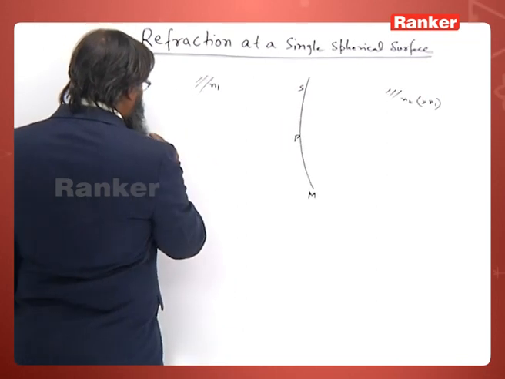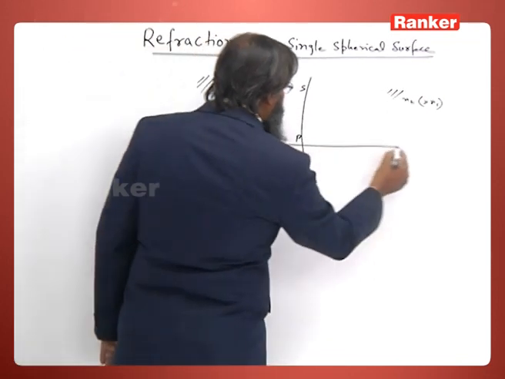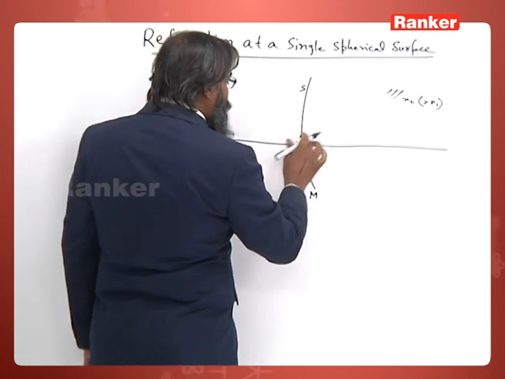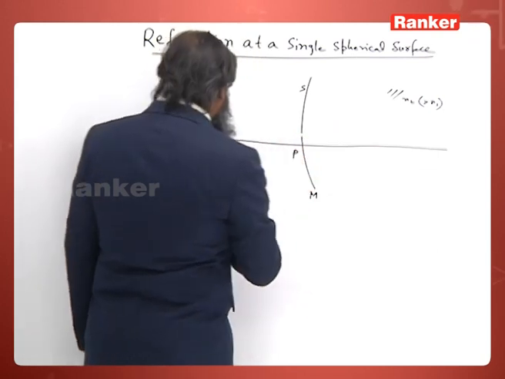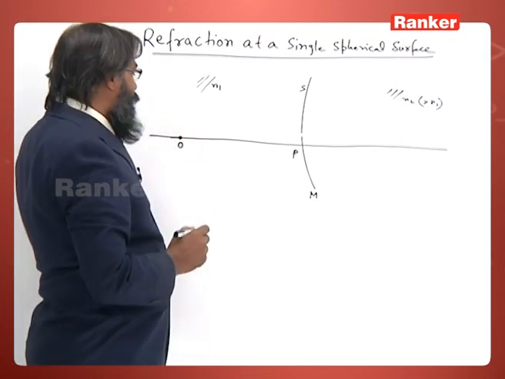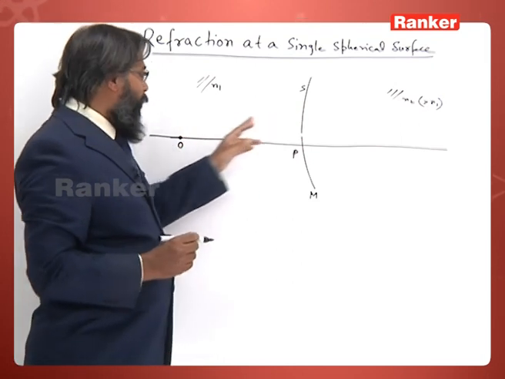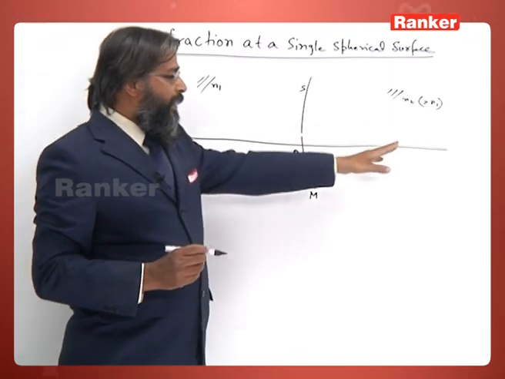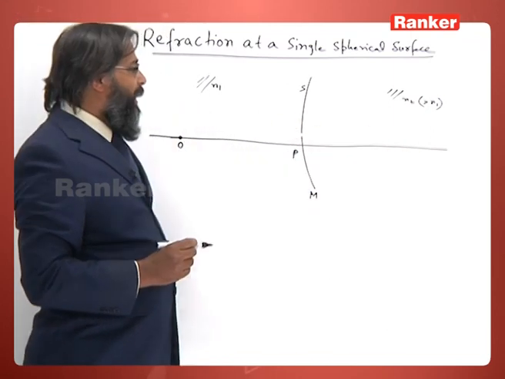Now, this is the optic axis, and let us assume a point object here and see how the ray from the object O, after refraction, meets here and forms a paraxial image.